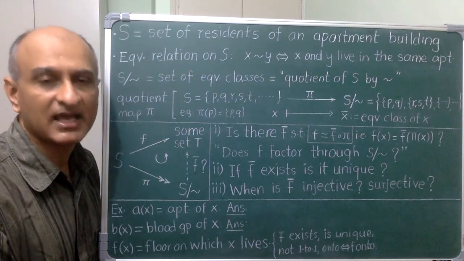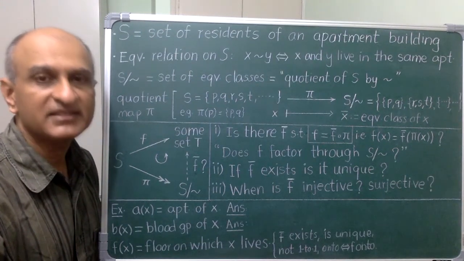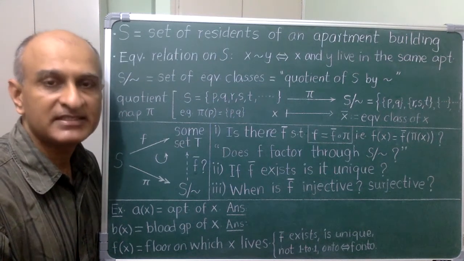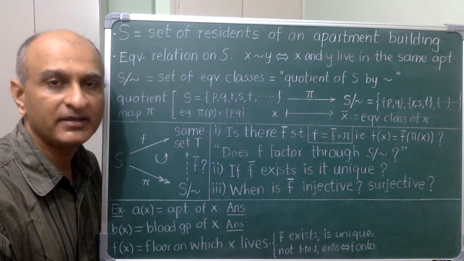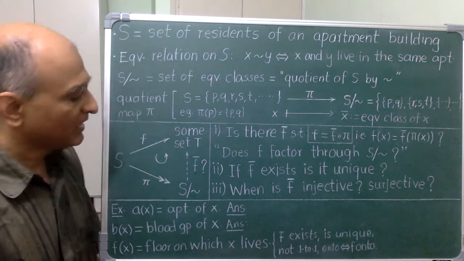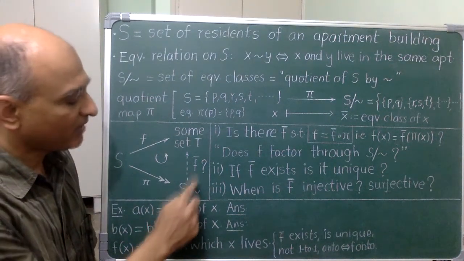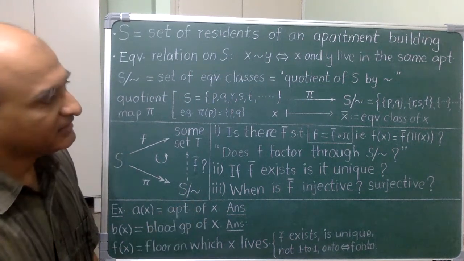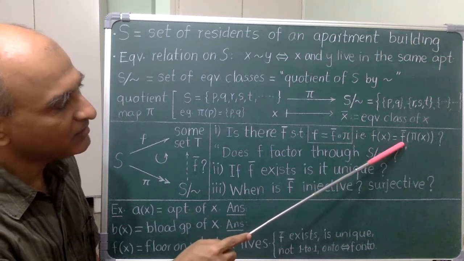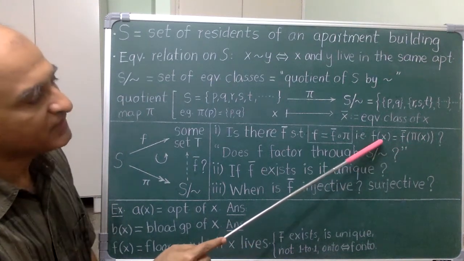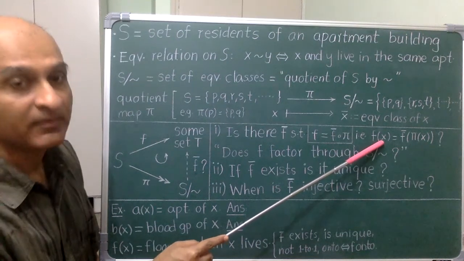Let's start with the last example. f of x is defined to be the floor on which x lives. We are tacitly assuming that this is well defined because no apartment is split between floors. The domain of f bar is supposed to be the set of equivalence classes, and the requirement states that f bar of the equivalence class of x must be the floor on which x lives.